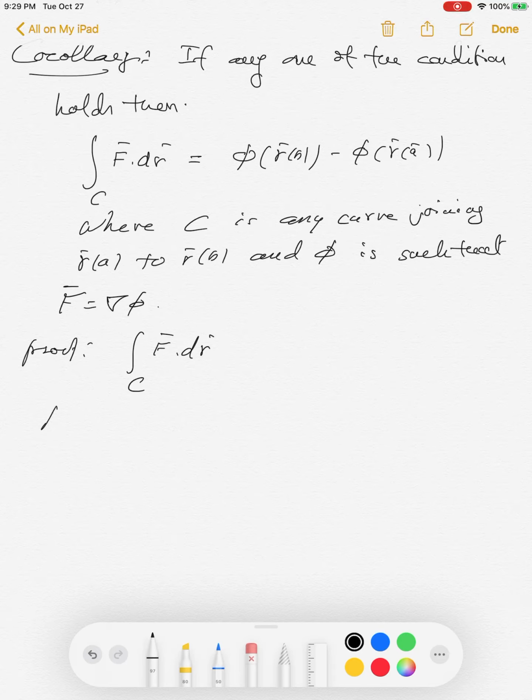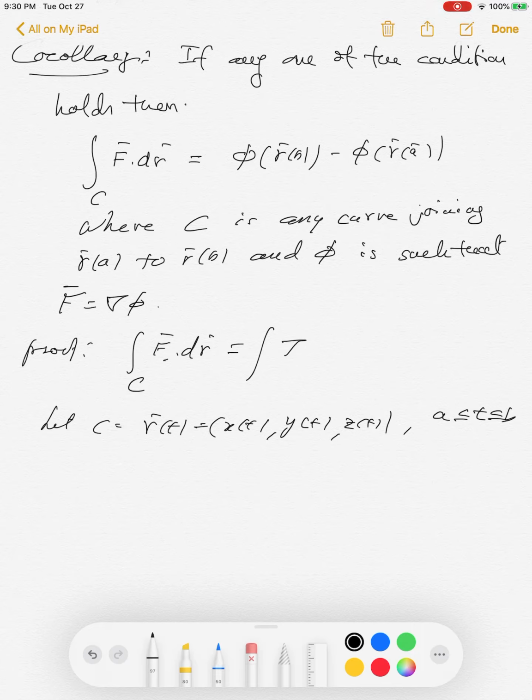The proof of this is easy. Suppose you are computing an integral on C, and let us take the curve C to be some r bar t, which is x t comma y t comma z t, and I'm taking t between a and b. Then what will this integral be? This integral is going to be, because f satisfies the above condition, it is the gradient of phi dotted with r bar prime t dt from a to b.